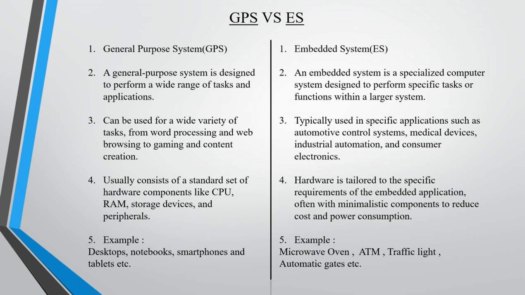In an embedded system, hardware is tailored to the specific requirements of the embedded application, often with minimalistic components to reduce cost and power consumption. Examples for GPS are desktops, notebooks, smartphones, and tablets. Examples of embedded systems are microwave oven, ATM, traffic light, automatic gates, etc.